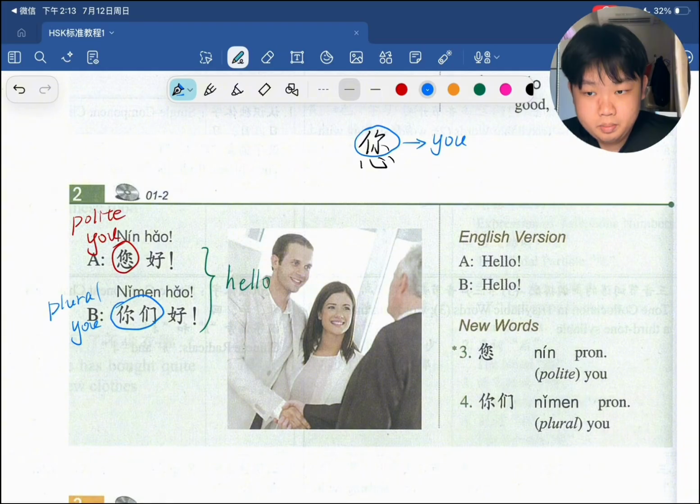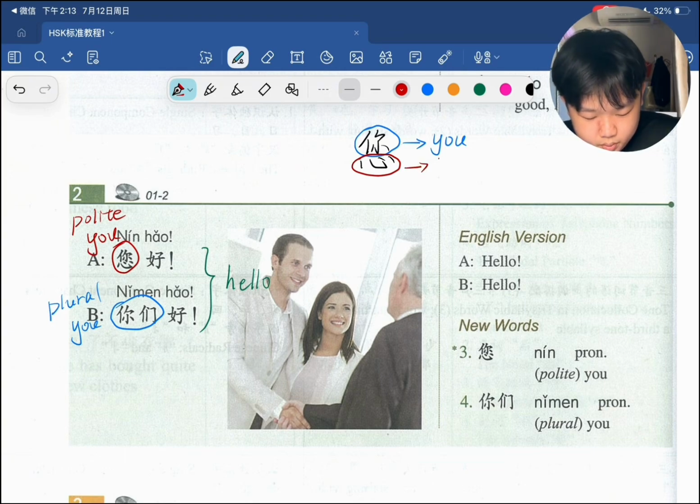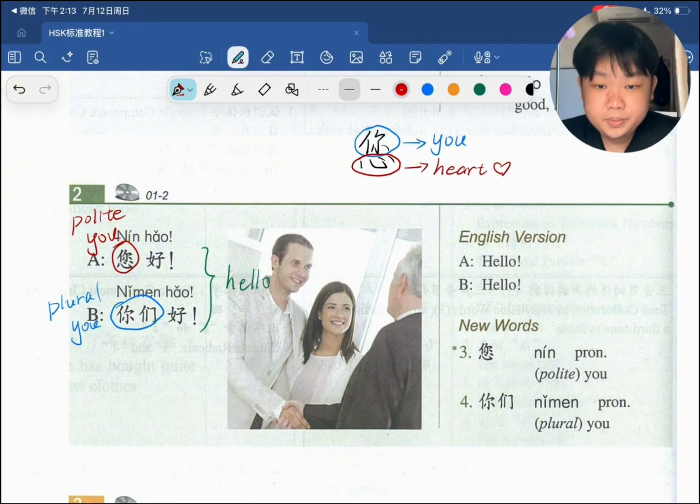But look at the bottom part. This is the character 心, which means the heart. So adding a heart onto you means you are showing respect straight from the bottom of your heart. So that's why 您 is the polite and respectful way to say you.